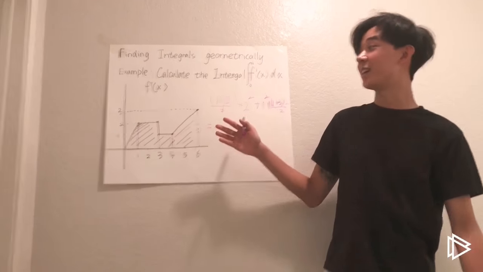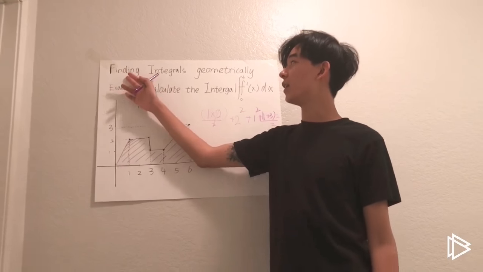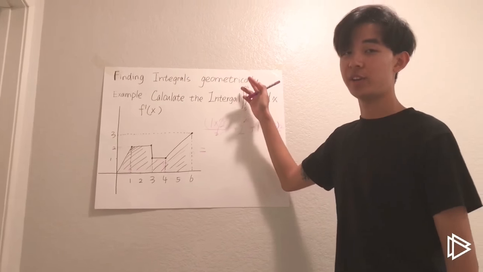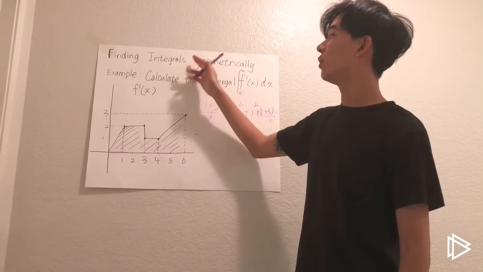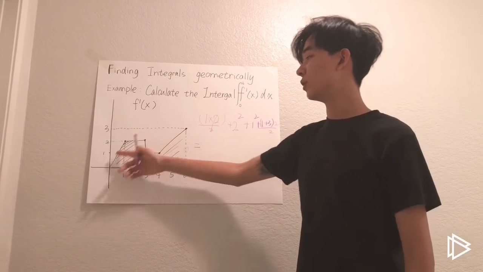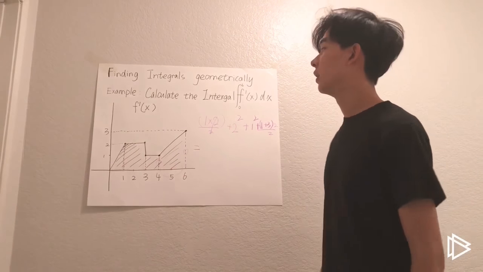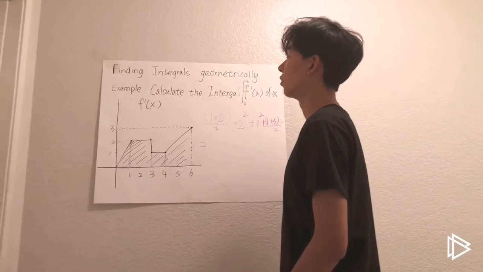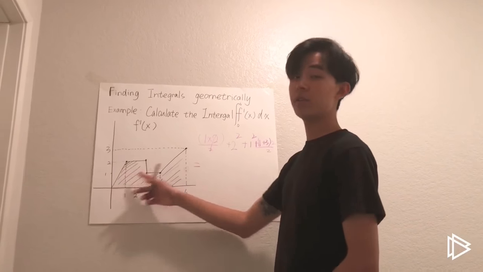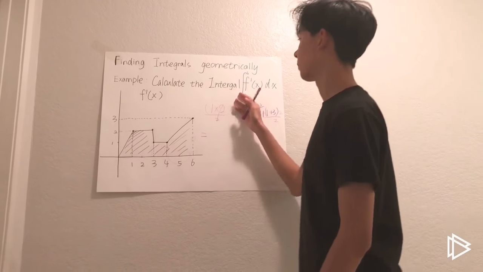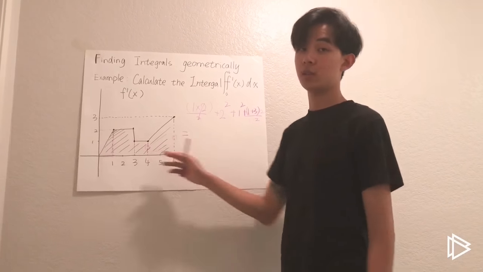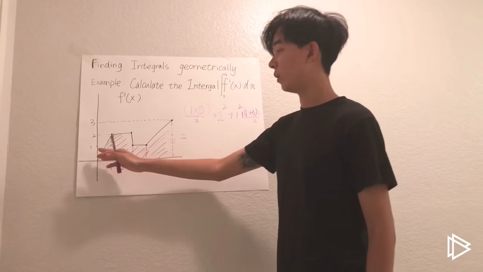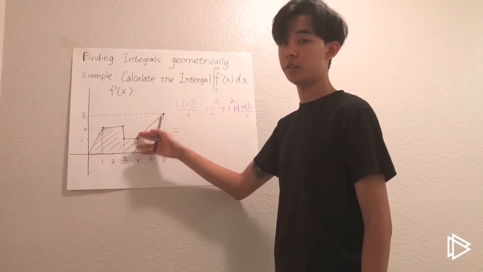So this one is an example of finding an integral geometrically. We can only use this way when the function's figure is geometric. As we all know, the integral is the area under the curve. So for this one, we find the integral from 0 to 6, which means we have to find the area of this part.